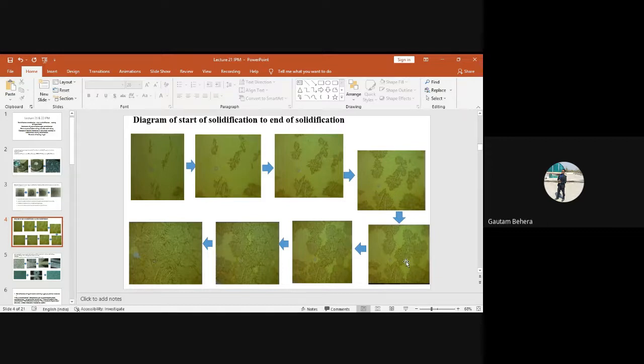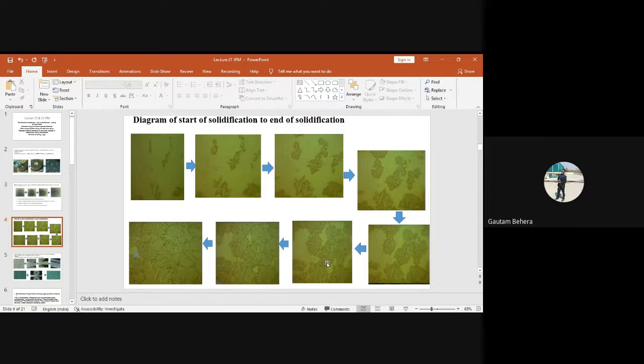But here you can see an interesting point. This crystallite nucleus is now becoming a crystal. So this crystal and this crystal are meeting at a point, at this junction. This crystal is also meeting at a point. So the crystallite nuclei have grown into individual crystals, and they are meeting at points due to growth.